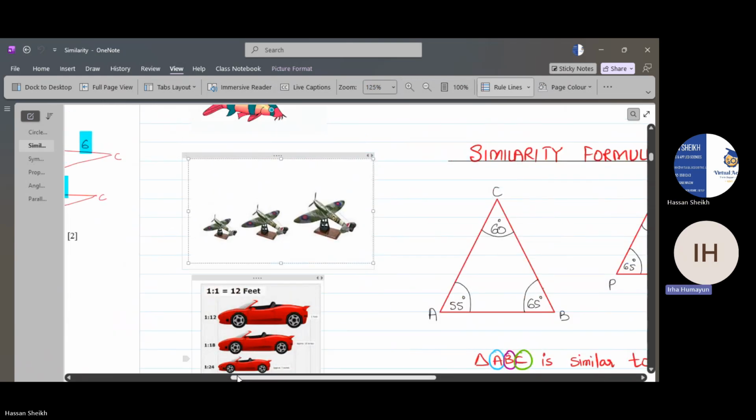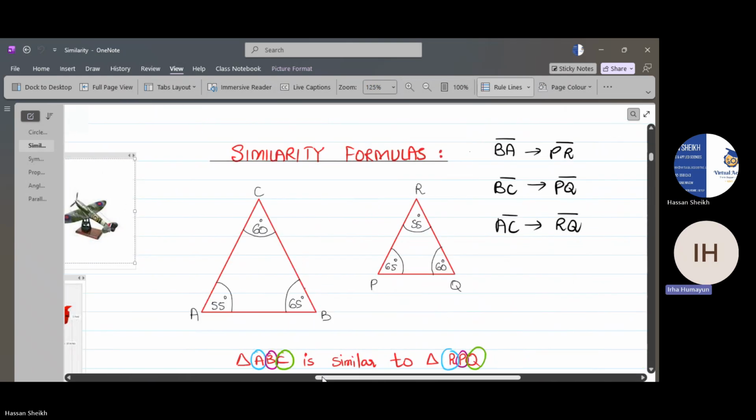Yeah, like in the triangle on your screen, C is corresponding to R and A is corresponding to P. Now, if we check out these two triangles, triangle ABC and triangle PQR, tell me which two vertices or which two sides are corresponding.